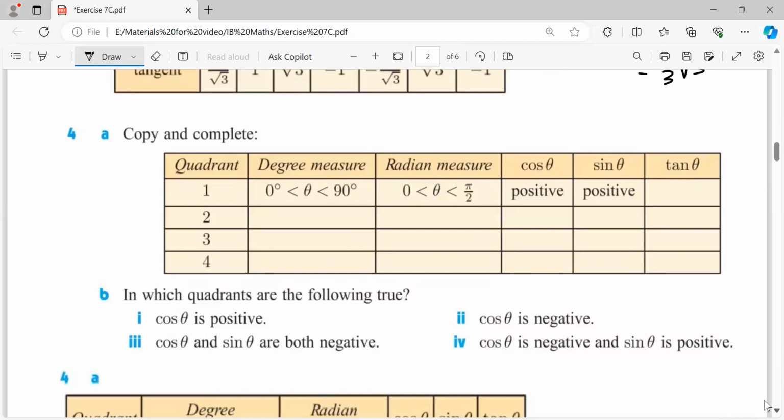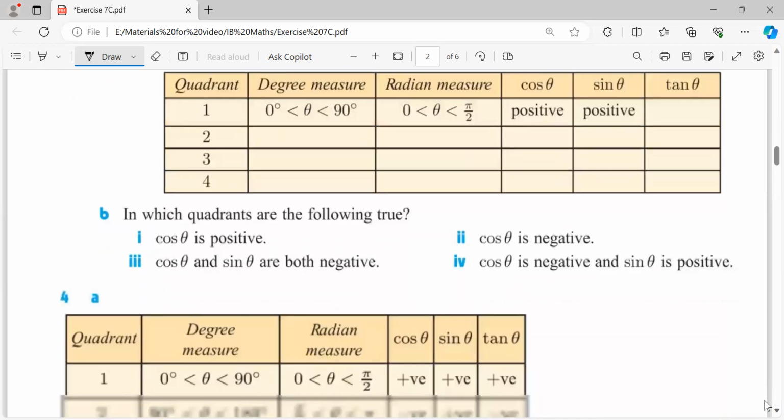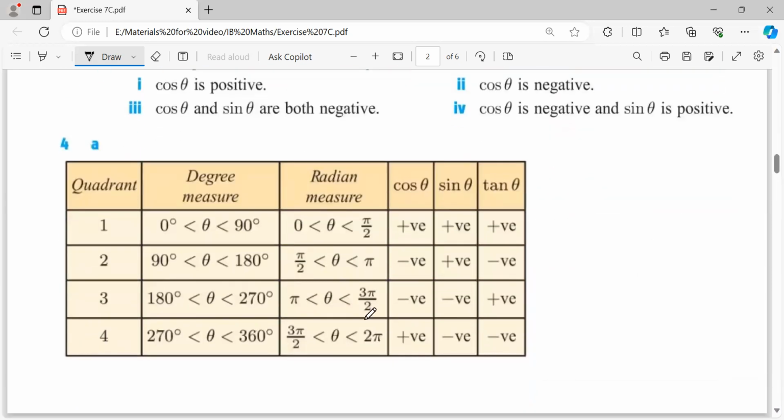Copy and complete: quadrant, degrees measure, radian measure, cosine theta, sine theta, and tangent theta. I have attached the solution. For quadrant 1, it's 0 to 90.